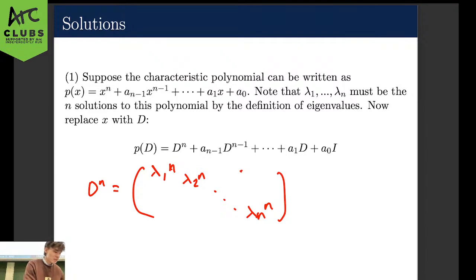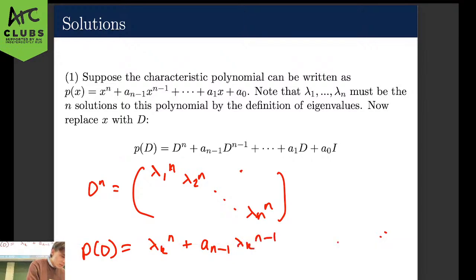So for this whole expression, P of D, the kth diagonal entry of this matrix should be lambda k to the power n plus a n minus 1 lambda k to the power n minus 1, plus all the way up to a1 multiplied by lambda k, plus a0.